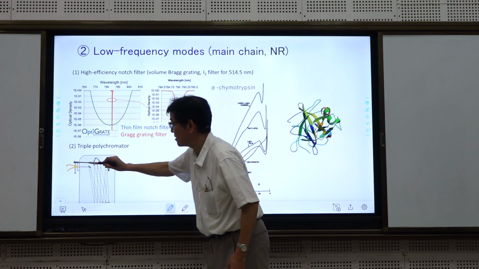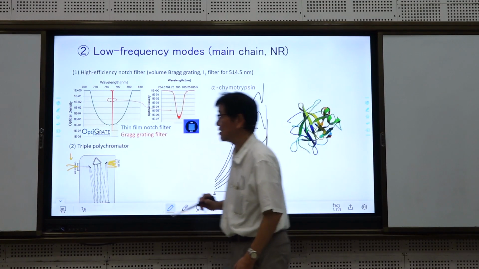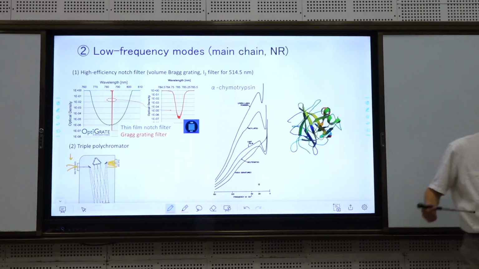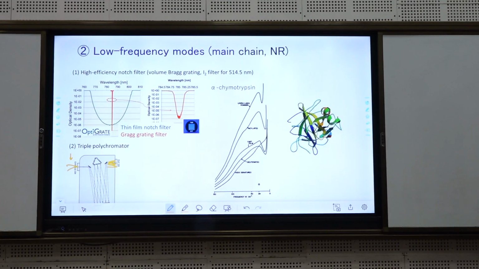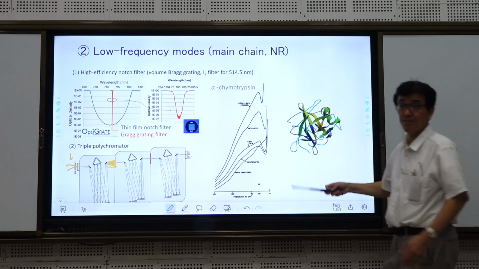And in order to cut the Rayleigh line, usually you put a filter at this position. But we can use the monochromator in this way.